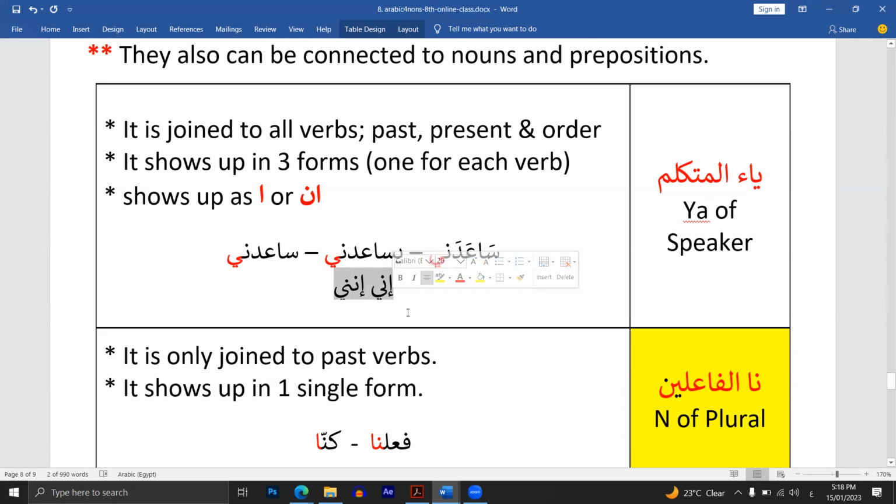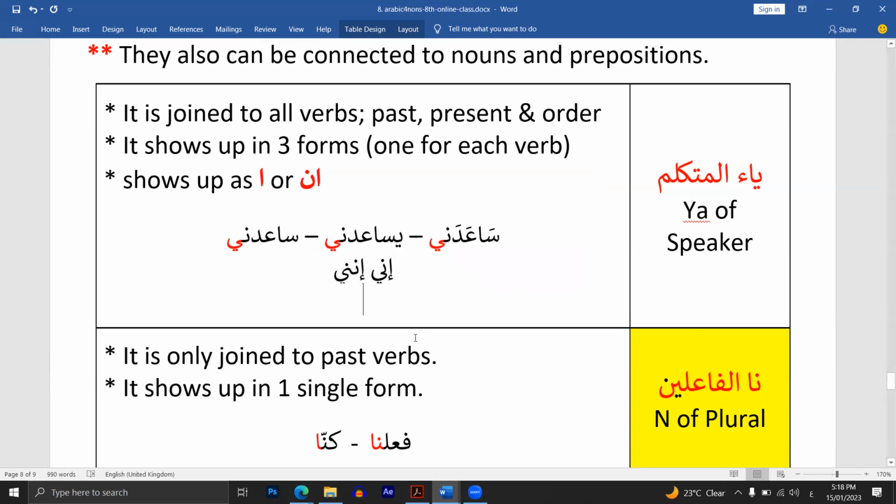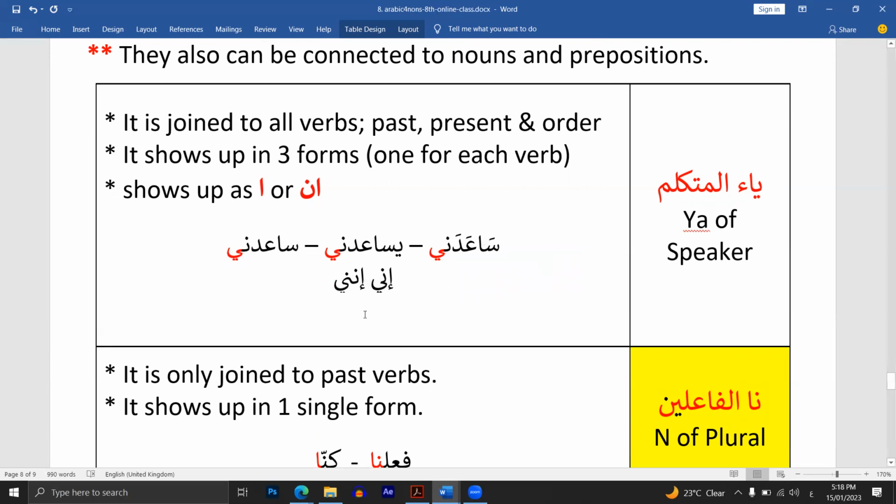Innani or inni. What if it's connected to a noun? In this case, it will be only a possessive pronoun. Kitabi, qalami: my book, my pen. Okay. I hope it's okay now.